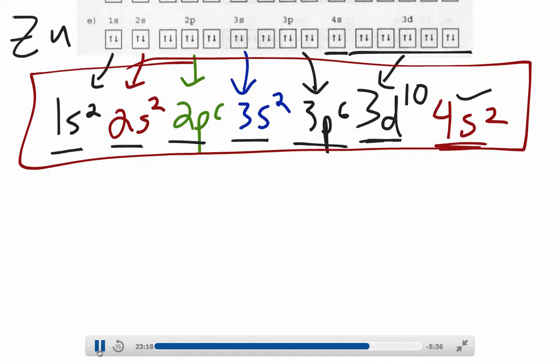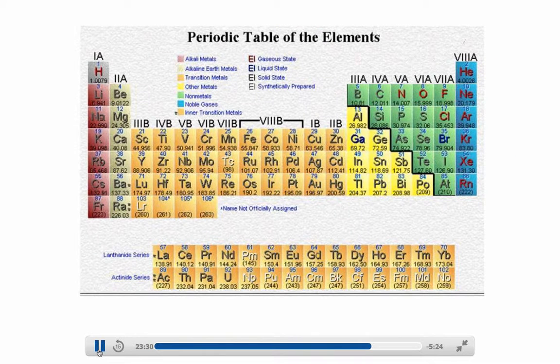One thing that's important to know, though, is that we're really only concerned with the outside electrons. By outside electrons, I mean the row of the periodic table that we are in. In this example, looking at zinc, the only things that are going to react are the electrons in its outside energy levels.